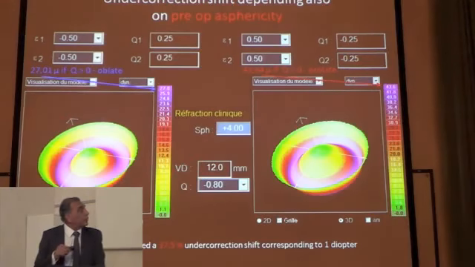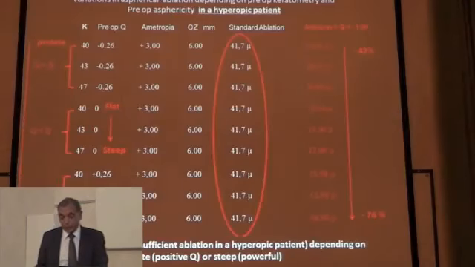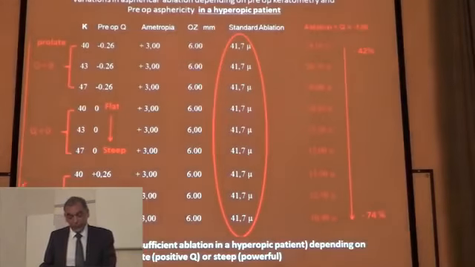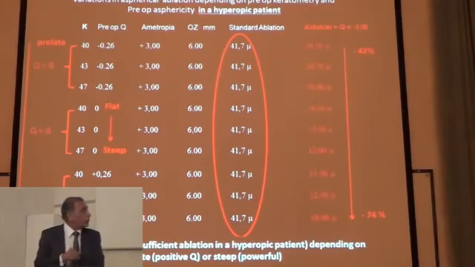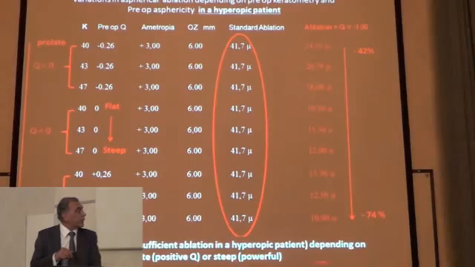Is a patient oblate or prolate, which induces another correction shift corresponding to 1 diopter, and we need to know that. Here a diagram will show that we get another correction effect when the cornea is oblate and when the cornea is steep.